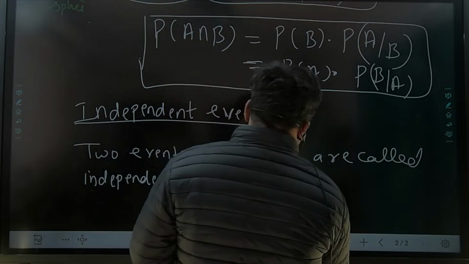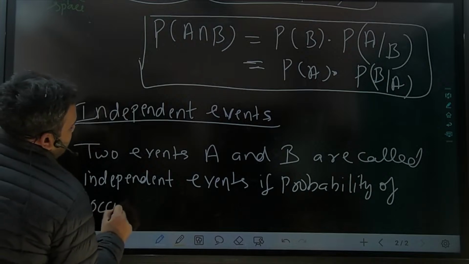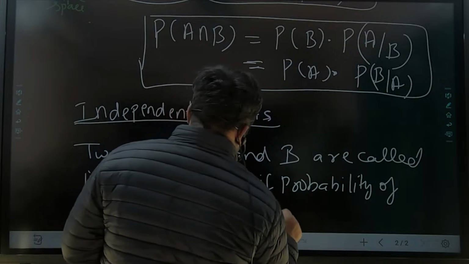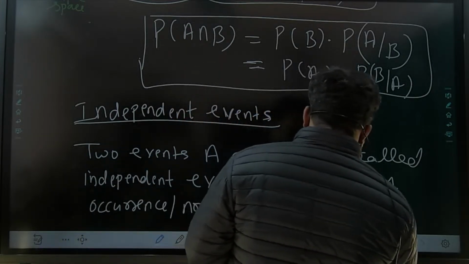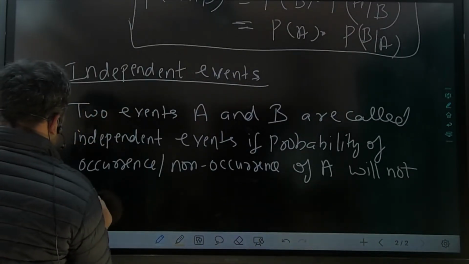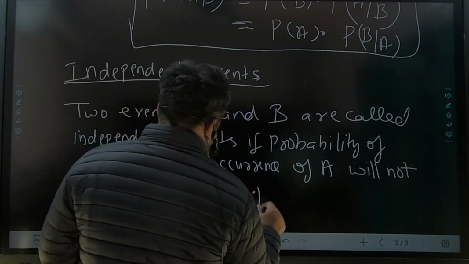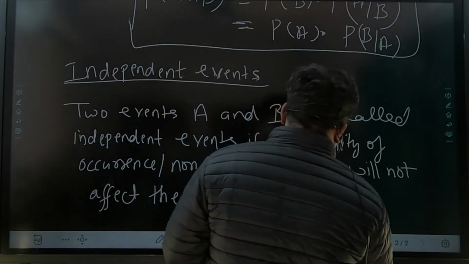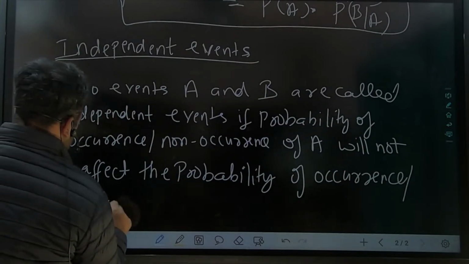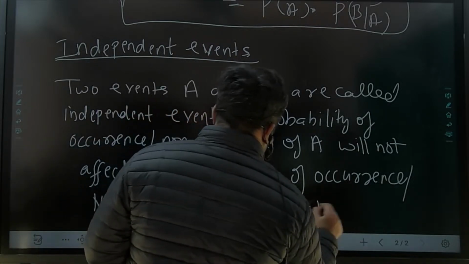if the probability of occurrence or non-occurrence of A will not affect the probability of occurrence and non-occurrence of event B. Right?